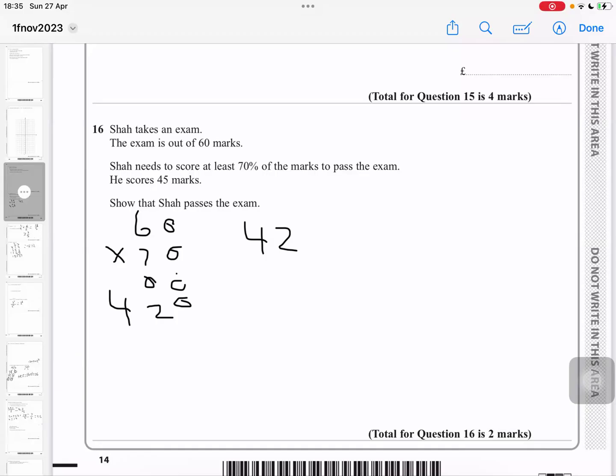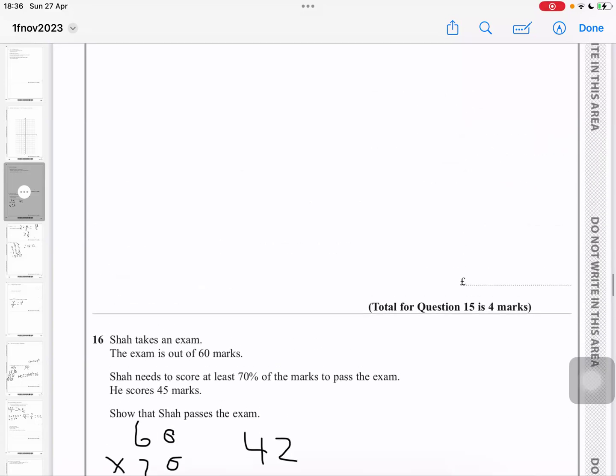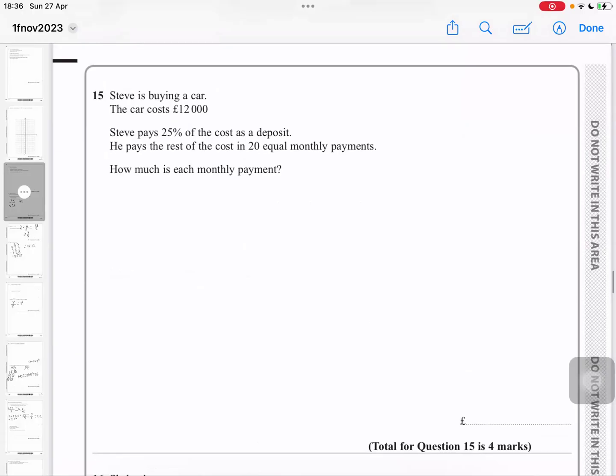So that's 42. So SHA scores 45. So definitely SHA passes the exam, right? Yes. Excellent. Okay, so we move on. That's enough proof.